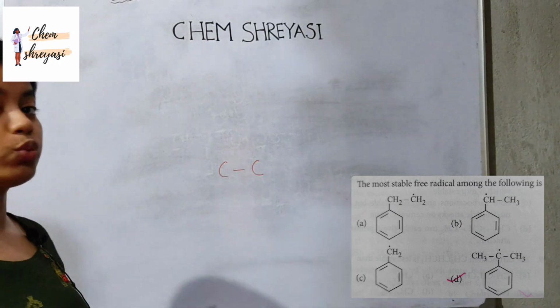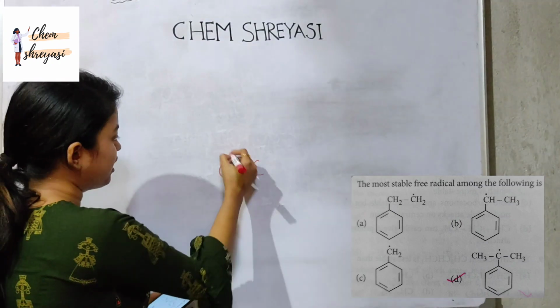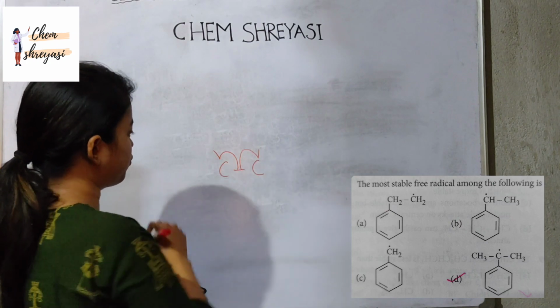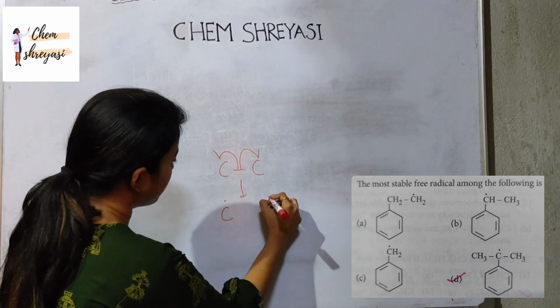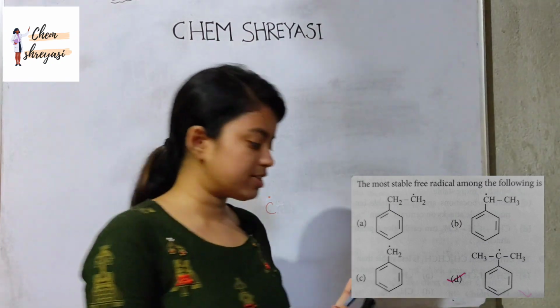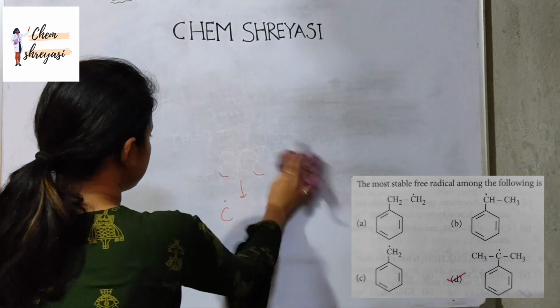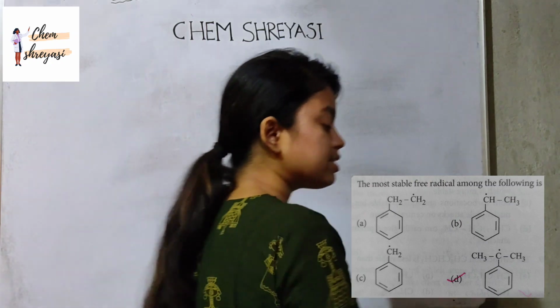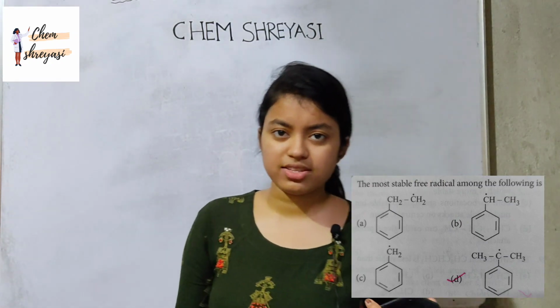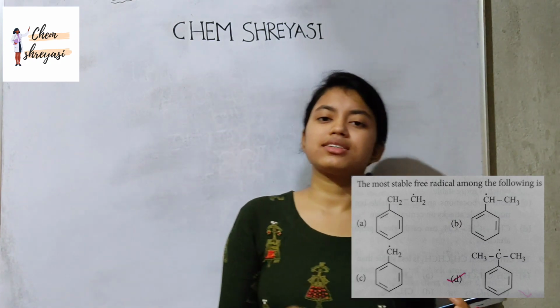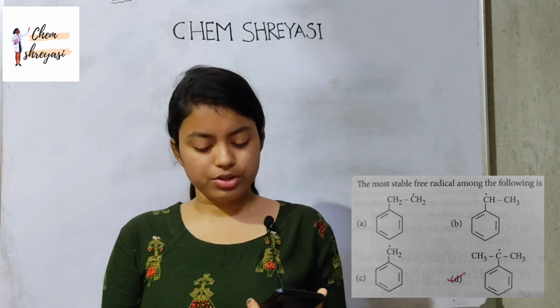So when this bond breaks homolytically, there will be one fish hook arrow and another fish hook arrow, and it will create 2 free radicals. Now these free radicals have a septet electronic configuration. It has 7 electrons in its valence shell, so that's why it is again electron deficient.